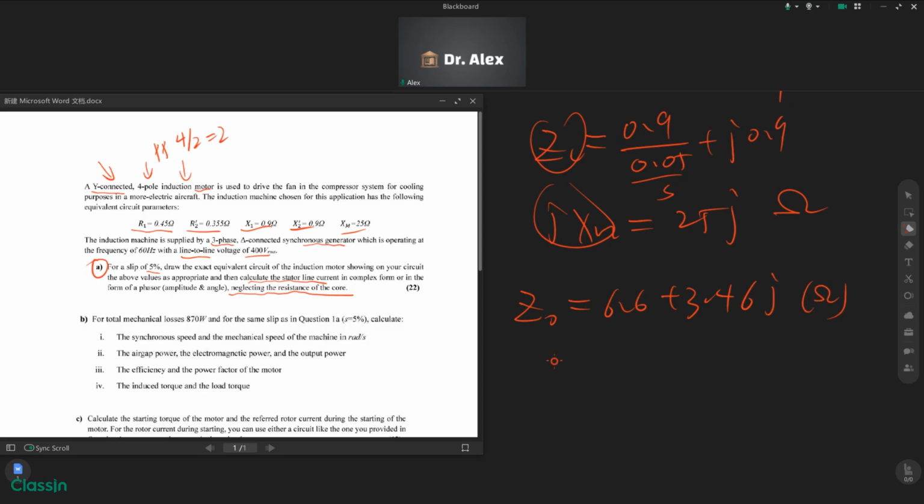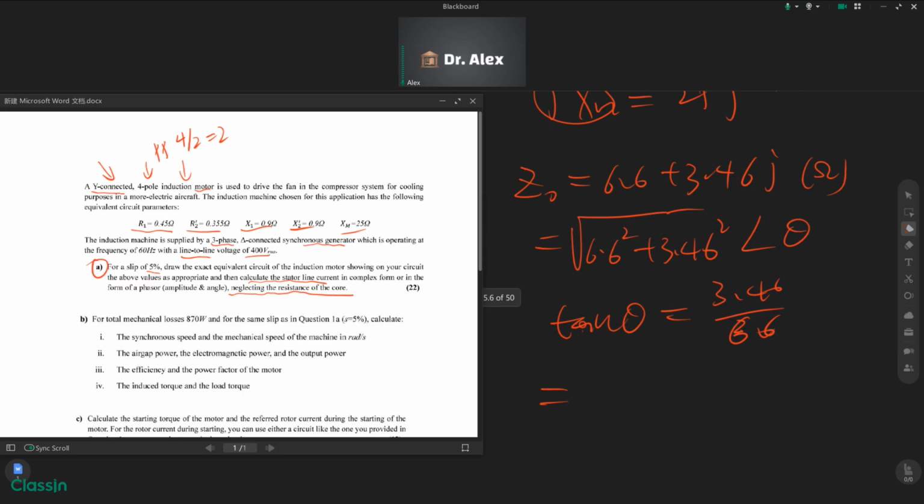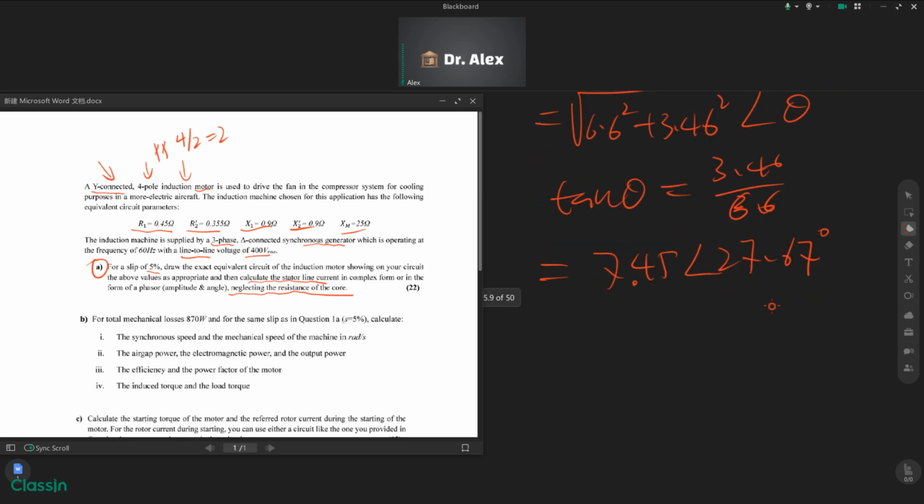And we can convert this form into our phasor form, which is the square root of 6.6 squared plus 3.46 squared, and the angle is theta. So how to get the value of theta? Tangent theta equals 3.46 divided by 6.6. So finally, we get the phasor form of Z0 is 7.45, the angle is 27.667 degrees.